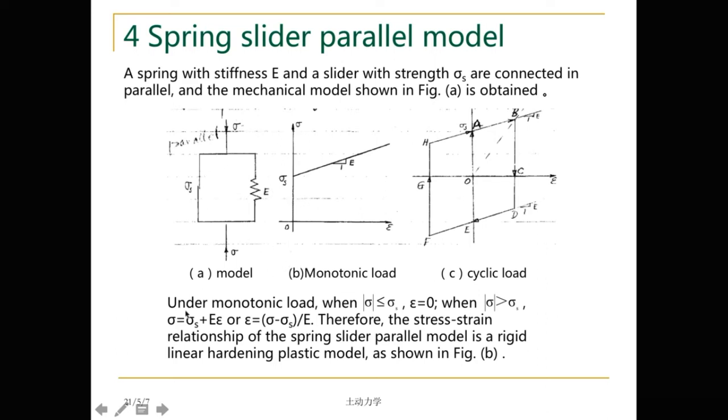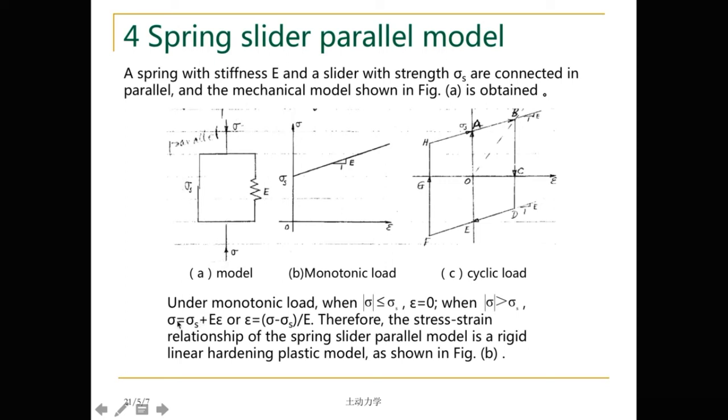Under monotonic load, when load sigma is less than the strength of the slider, it is locked, and the total system cannot have any strain or deformation. Epsilon is equal to 0. But when load sigma is larger than strength, the slider is unlocked.